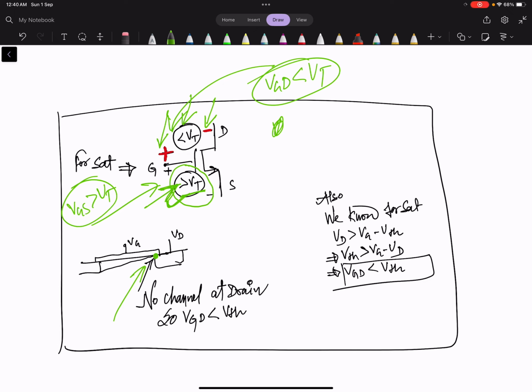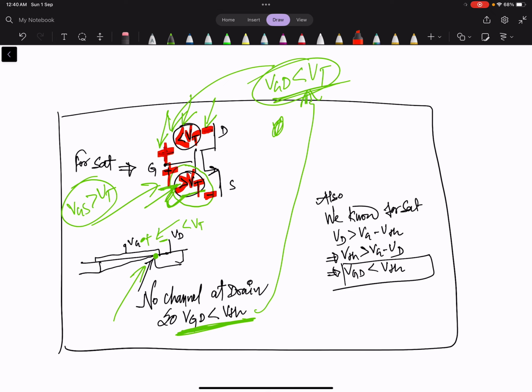So for no channel, the voltage drop between gate and drain should be less than VT. That is why VGD should be less than the threshold voltage of the device. This is the same here. If you see, VGD is less than VT, and VGS is made greater than VT for working of the NMOS.